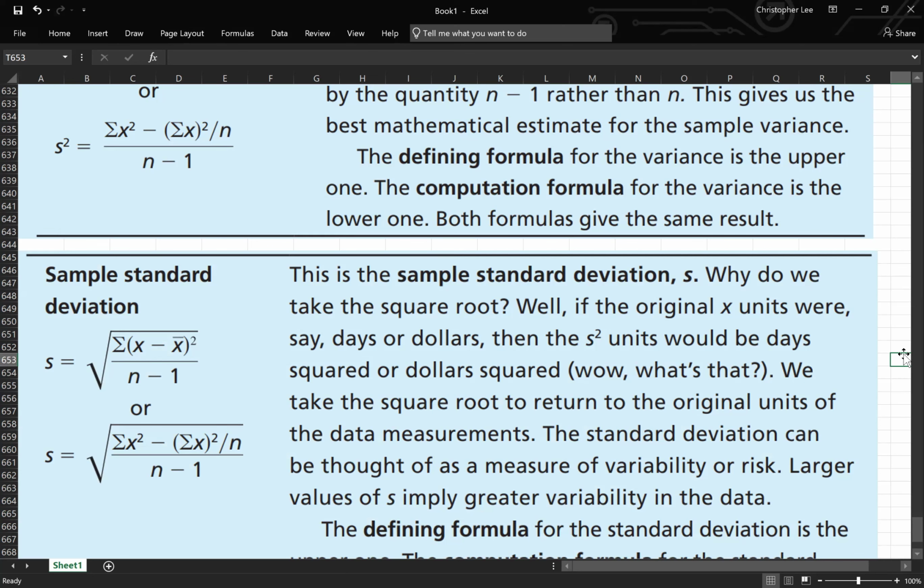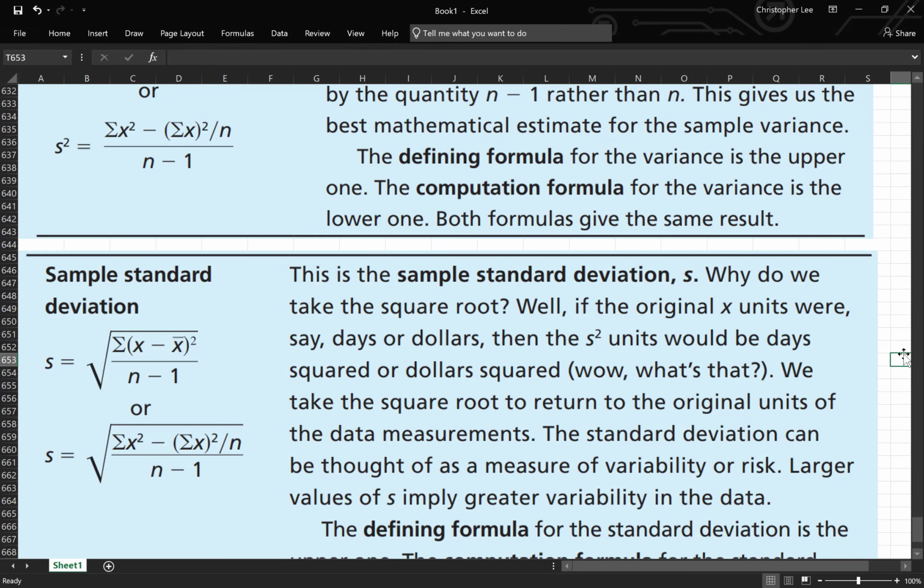We take the square root to return to the original units of the data. The standard deviation can be thought of as a measure of variability or risk. Larger values of the sample standard deviation imply greater variability in the data.